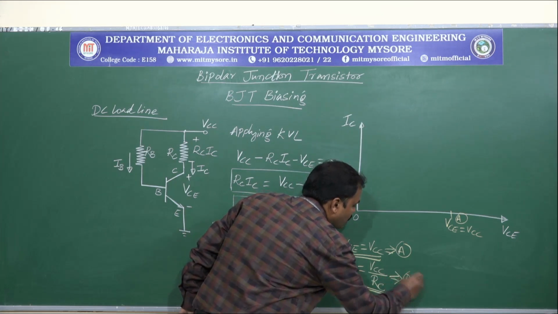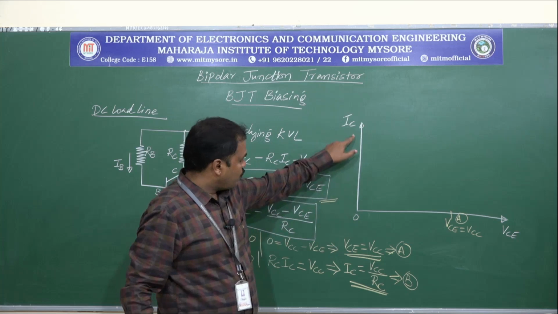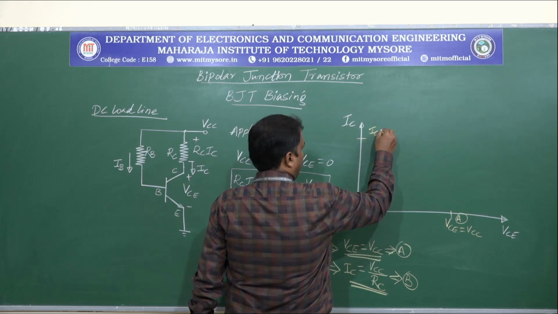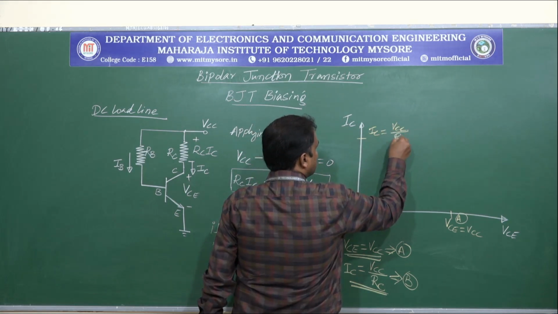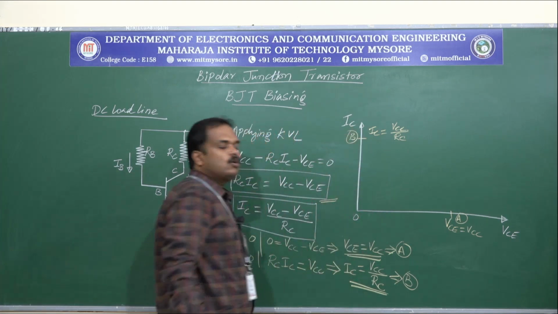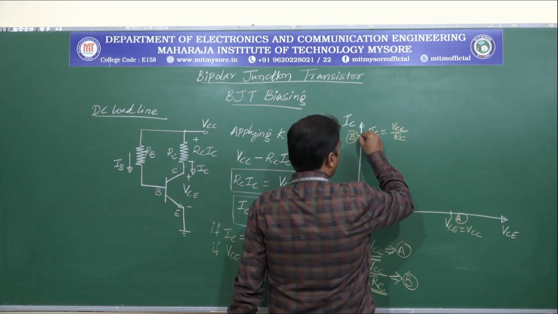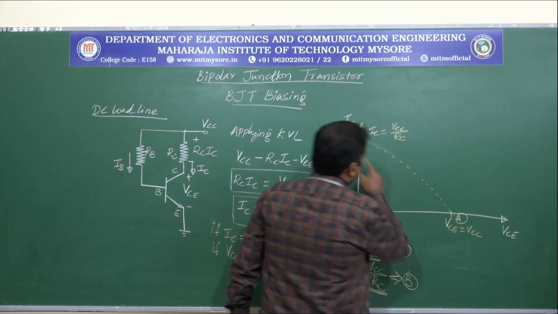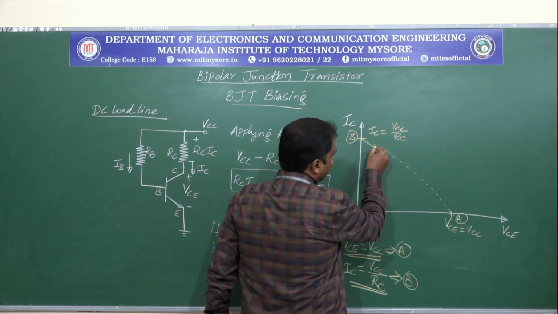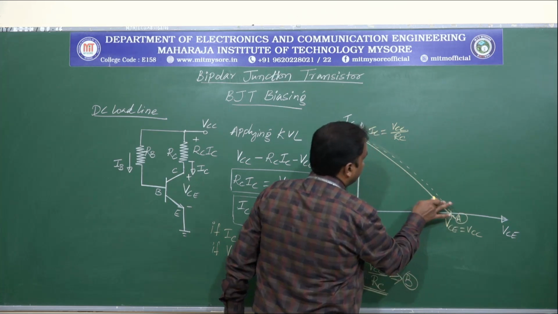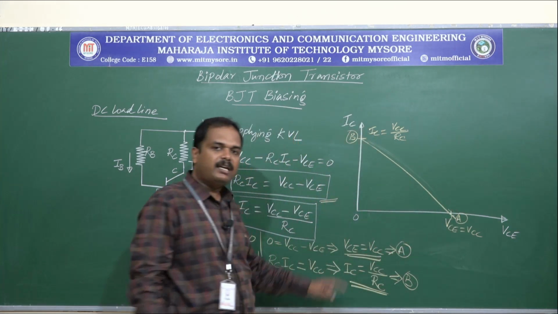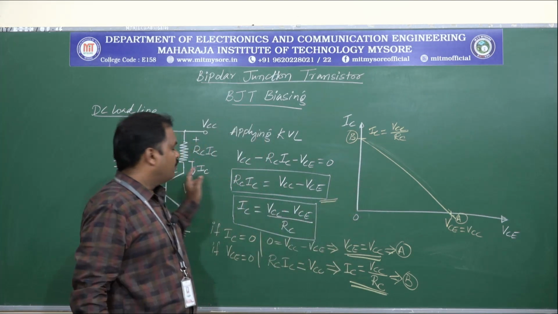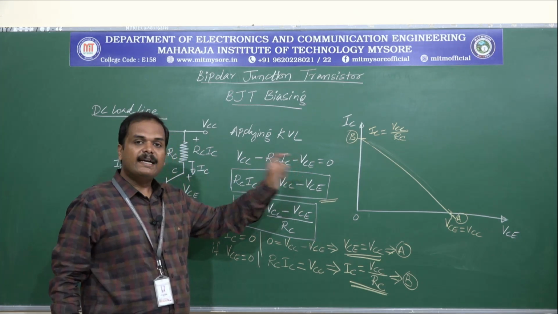Let us call this coordinate B. So IC equals VCC by RC, and call it coordinate B. Now if I join coordinates A and B, I'll get a straight line that conveys all the possible DC conditions that could exist for this circuit. So this is how we draw the DC load line.